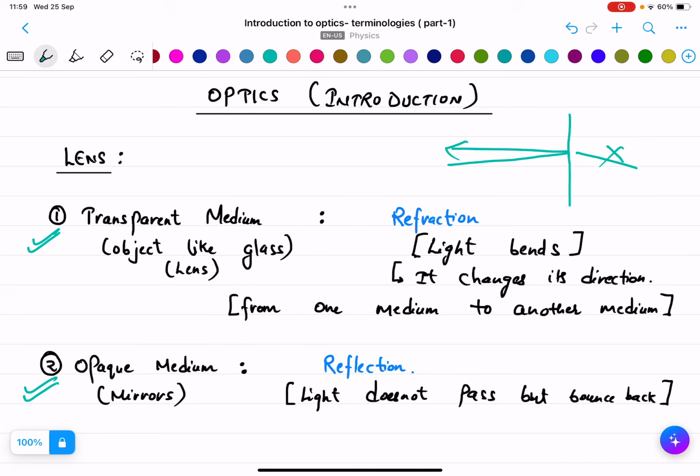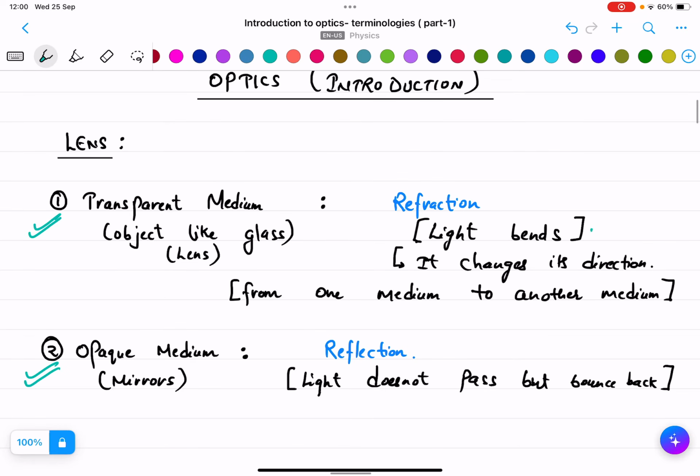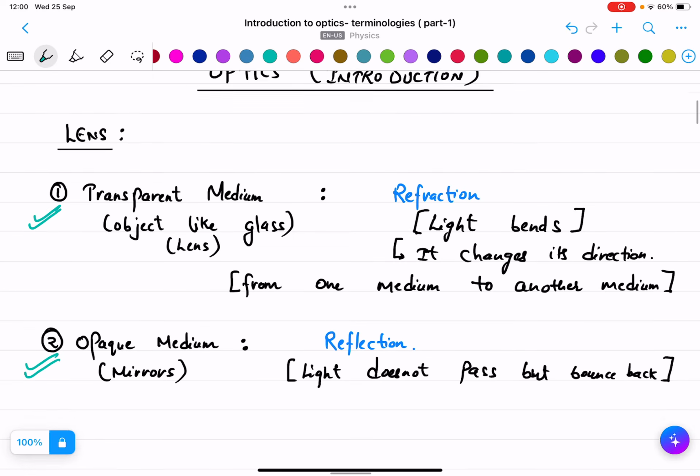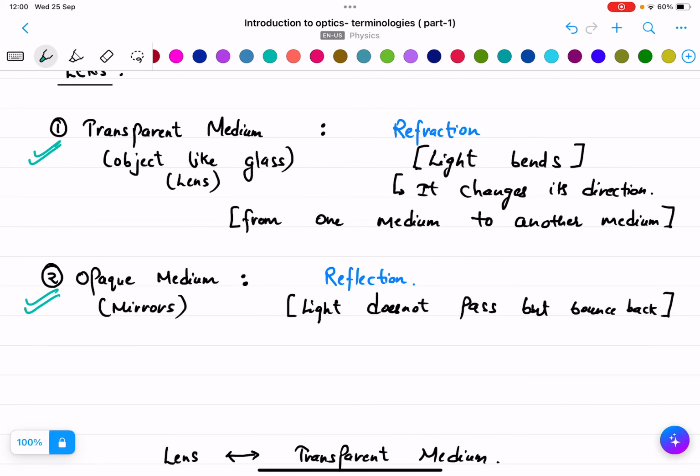Light does not pass, but it will bounce back. So this is your reflection. Do you understand the difference between refraction and reflection? So I have mentioned here, light is bending, it changes its direction from one medium to another medium when it passes through. But what do you mean by reflection? Light does not pass but bounces back.